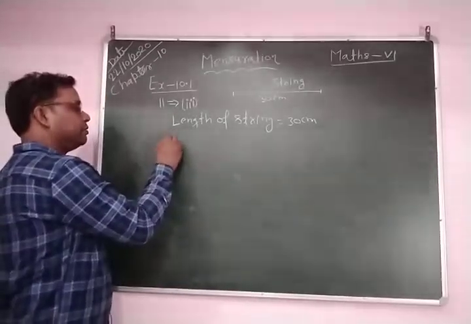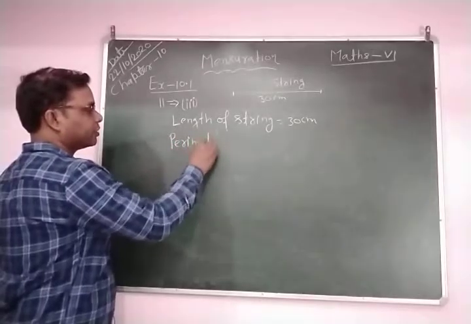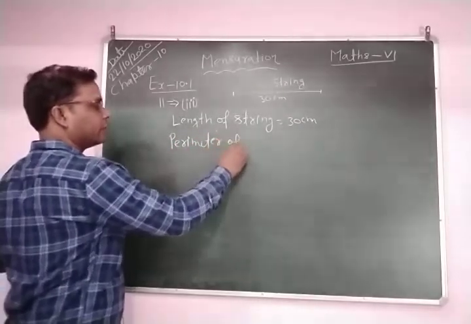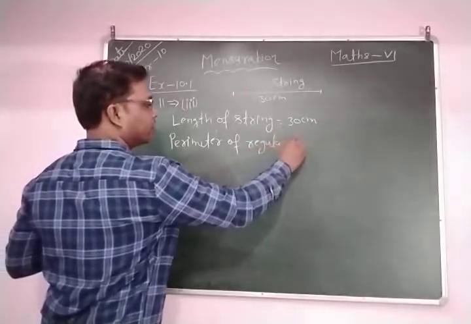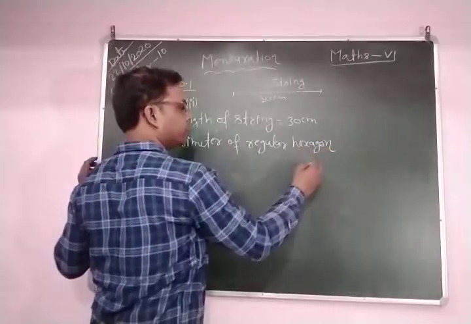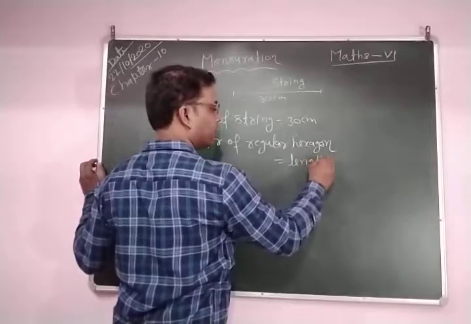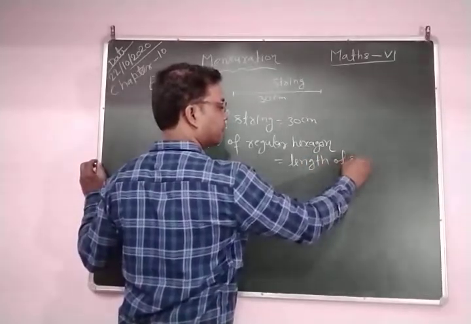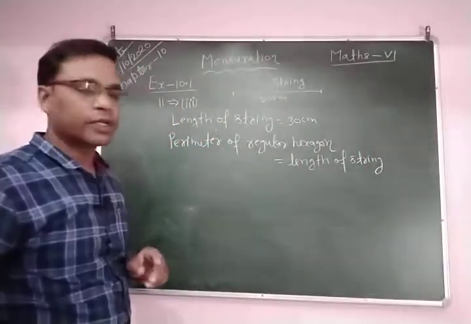So what is the perimeter of the regular hexagon? This is equal to the length of the string.